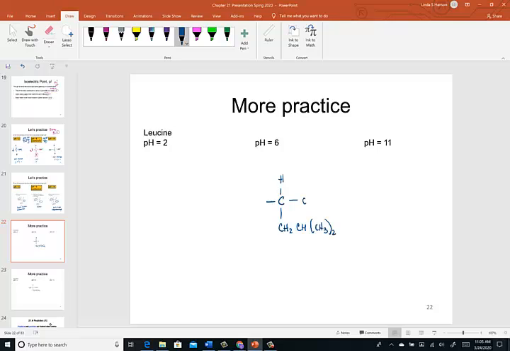Now, in a Zwitter ion, we'd have COO negative. And just to make sure you see what that really looks like, every time I take that little shortcut, don't forget that's a carbonyl carbon leading out to an O negative. That proton was transferred to the amine group, so that's our NH3+. Therefore, this is a neutral Zwitter ion.